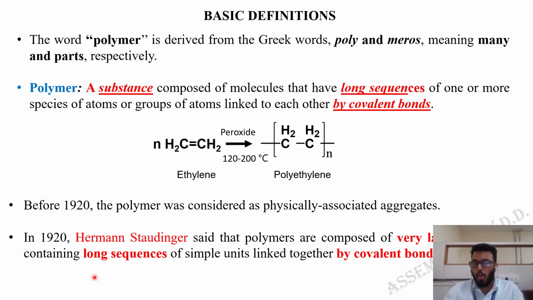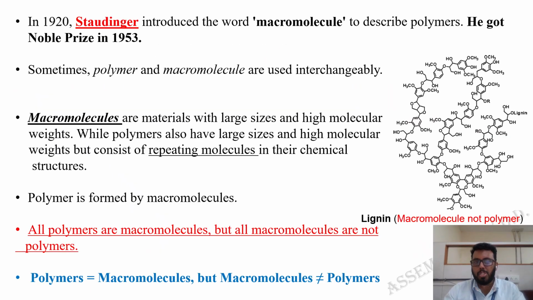So he is the one who first identified that they are not simple units, but actually long sequences of simple units linked together by covalent bonds. So this is how the history of polymers started.